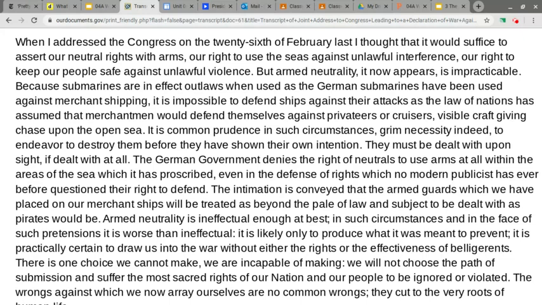But armed neutrality, it now appears, is impracticable, because submarines are in effect outlaws when used as the German submarines have been used against merchant ships. It is impossible to defend ships against their attacks, as the law of nations has assumed that merchantmen would defend themselves against privateers or cruisers, visible craft giving chase upon the open sea.